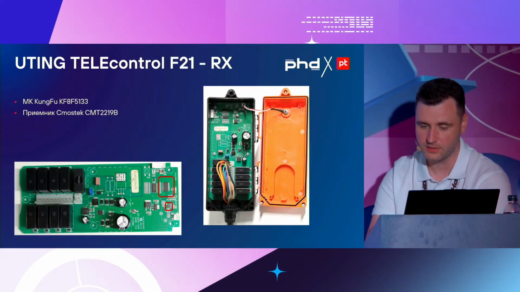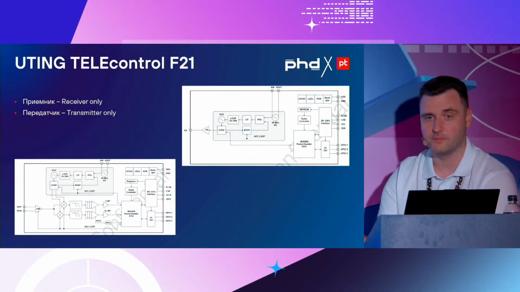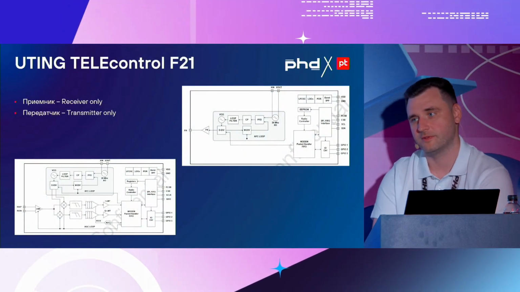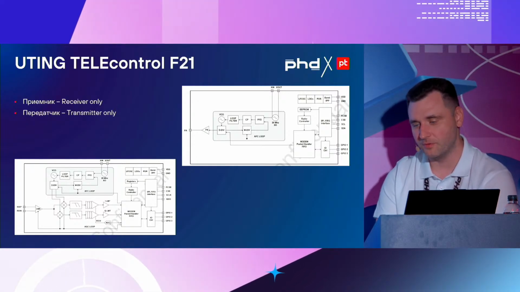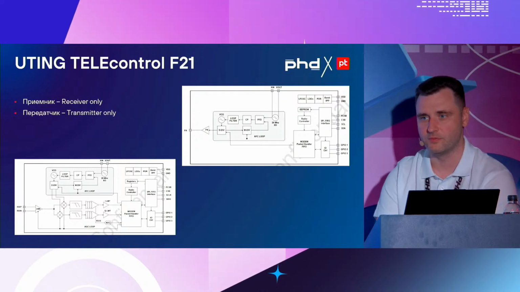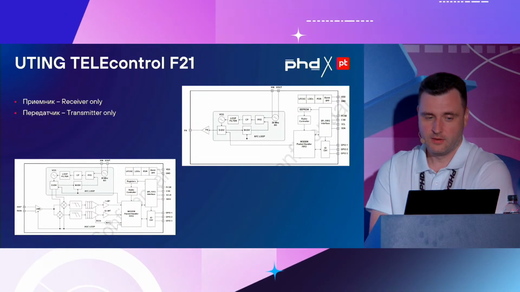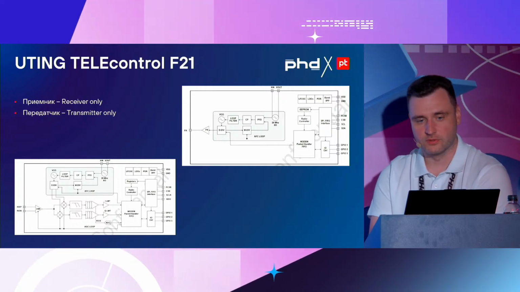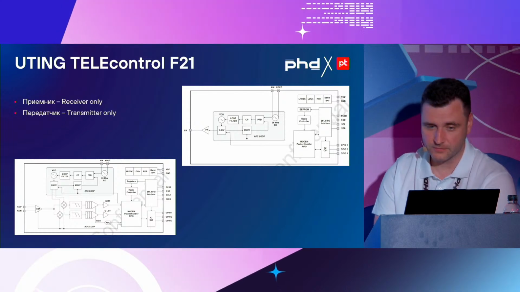When I looked at the datasheet for the receiver and transmitter, they are called like that, and they are really transmitter and receiver, so there is nothing two-way communication. So the remote control will never understand that the receiver is not switched on, for instance. That was the first alarm that it would be too simple.